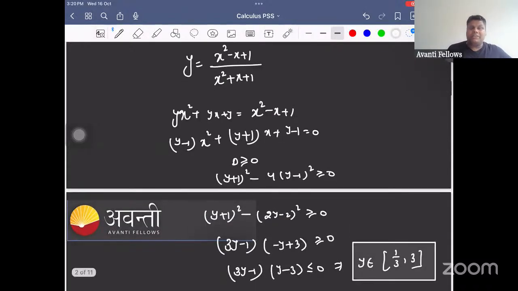This is how we find the range of rational algebraic functions like linear upon linear, linear upon quadratic, quadratic upon quadratic, and so forth. Got it?